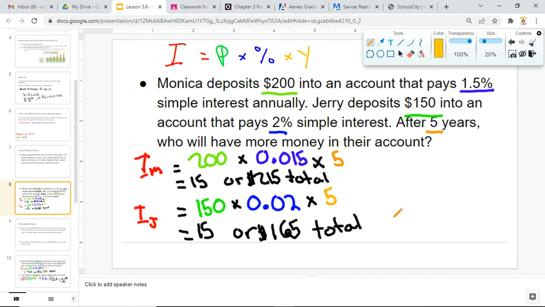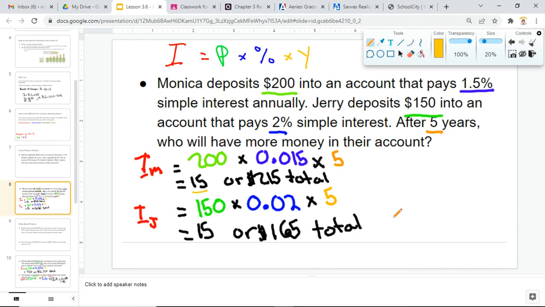All right, so for Monica, our principal was $200. Our rate was 1.5%, or 0.015, and the amount of years was 5. So I do $200 times 0.015 times 5, and that's going to give me 15 right here.